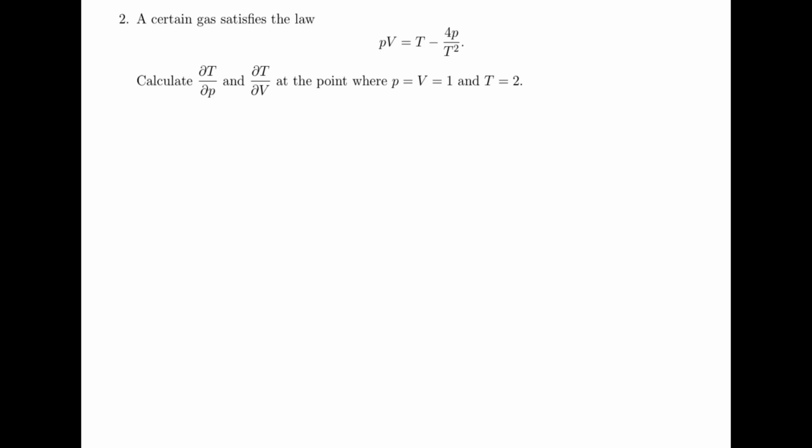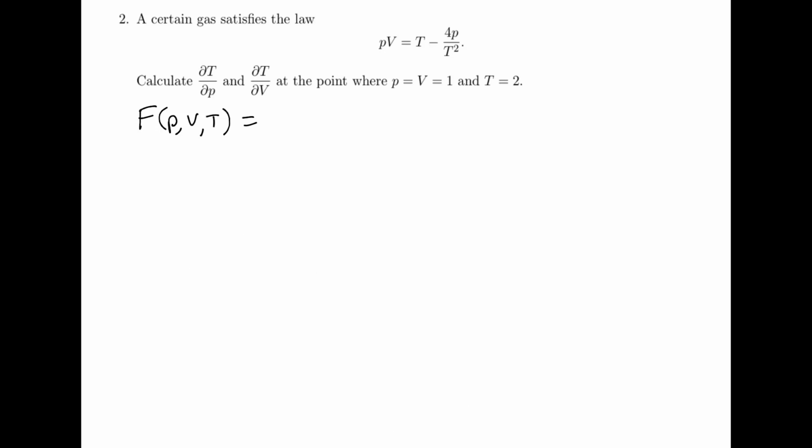Okay, so as in the previous question, I will not explicitly write it out, but we want to rewrite this in a function such that the function equals 0. So one thing that we can do is define the function now, and our variables are simply the three things: the pressure, the volume, and the temperature.